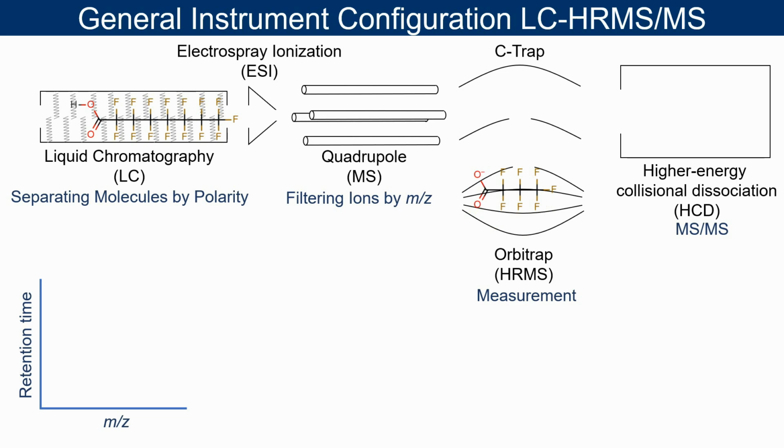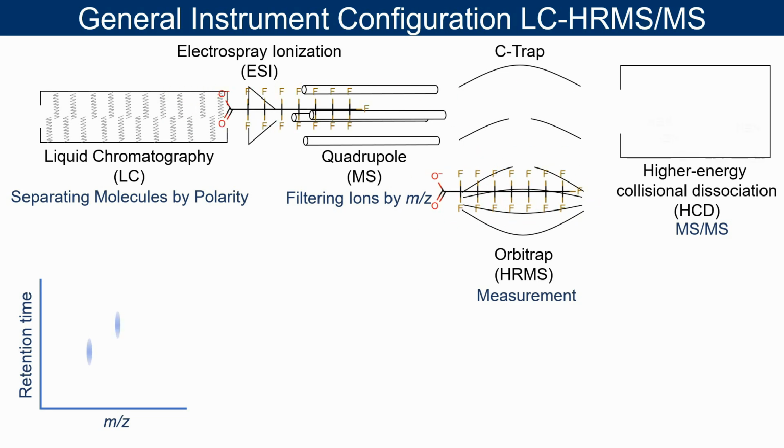So let's say I did 200 to 1,200. Everything outside of that range will be filtered out so that you don't get noise from ranges that aren't analytically important to you. And then, of course, the next compounds will be coming out in time out of the column, and we'll measure those as well in the Orbitrap.